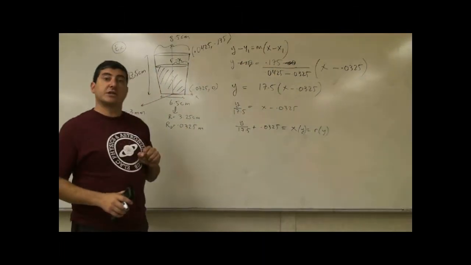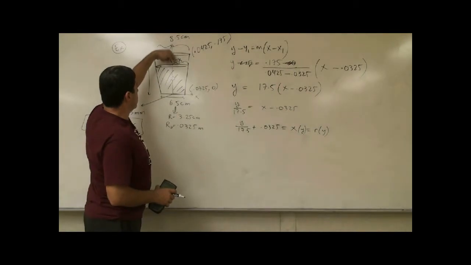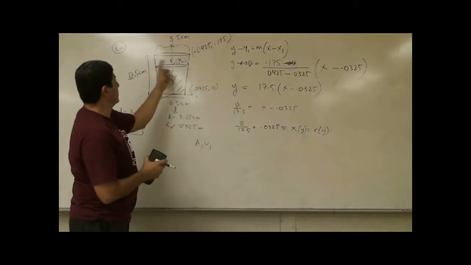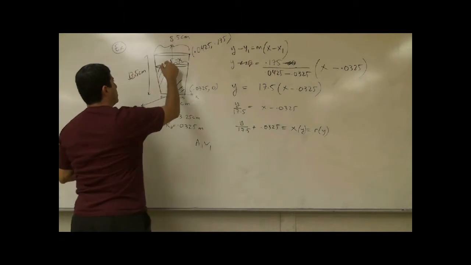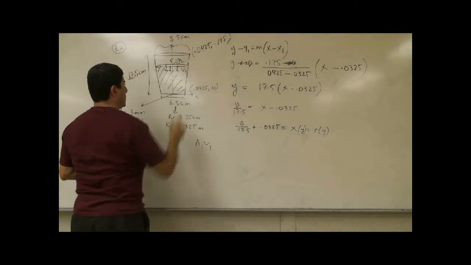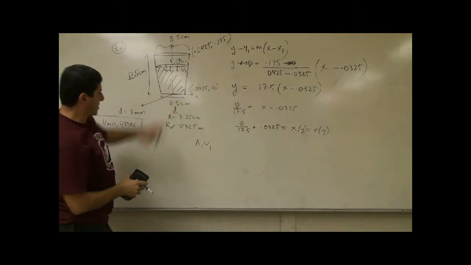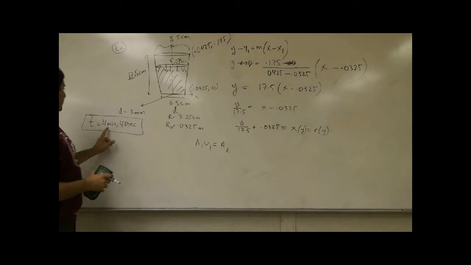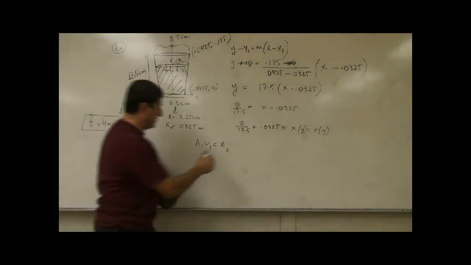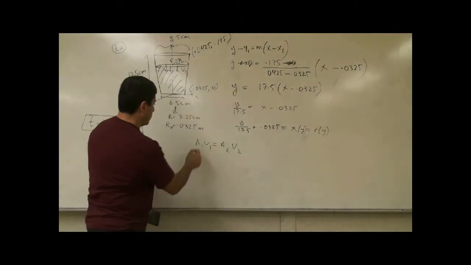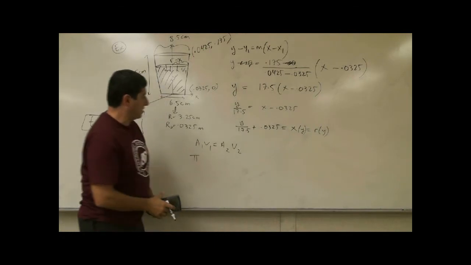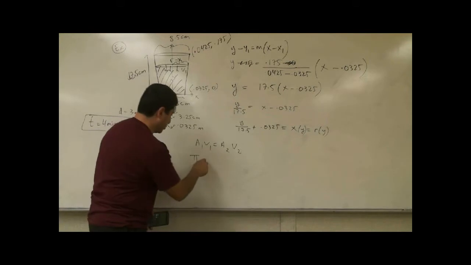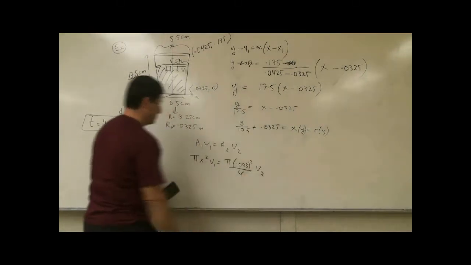Now I can apply the continuity equation. We can say A1 V1, the area of this times the velocity with which it's going down, is equal to the area of this one, A2, which is given by the diameter of the hole, times V2, right? So area is pi times what? This x squared, right? Let's just write it as pi x squared for now, V2.